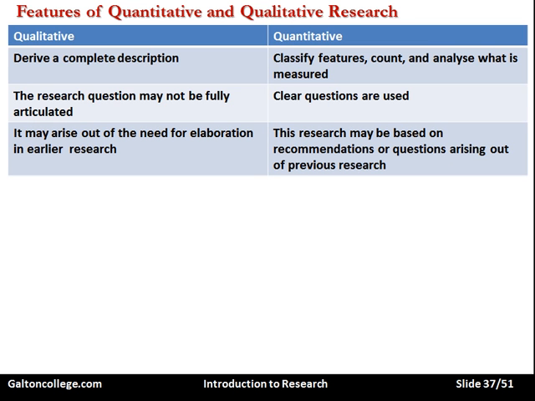For qualitative research, it may arise out of the need for elaboration in earlier research. Sometimes a piece of research is conducted and they make recommendations to say future research is necessary here to shed more light on this particular topic, and that inspires future research. And with quantitative, the research may be based on recommendations or questions arising out of previous research.